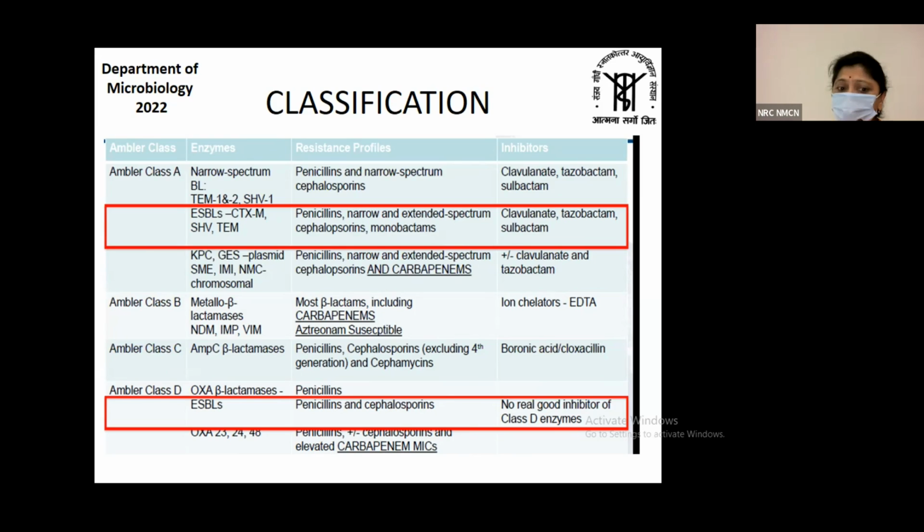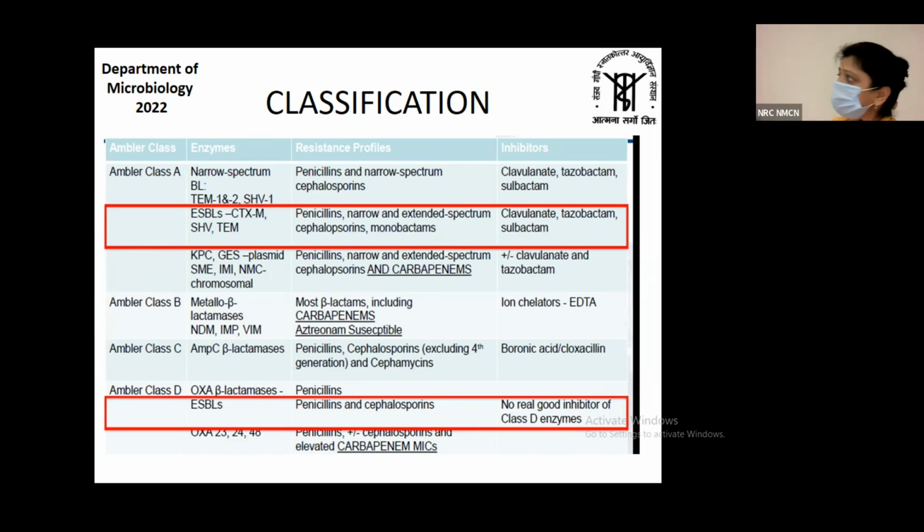Now coming to the B class of enzymes. B class of enzymes are the metallo-beta-lactamases. Now, our isolate was susceptible to the carbapenems. Metallo-beta-lactamases are those enzymes for which the substrate is the carbapenems. So since our isolate was sensitive to the carbapenems, it means it is not producing a metallo-beta-lactamase, right?